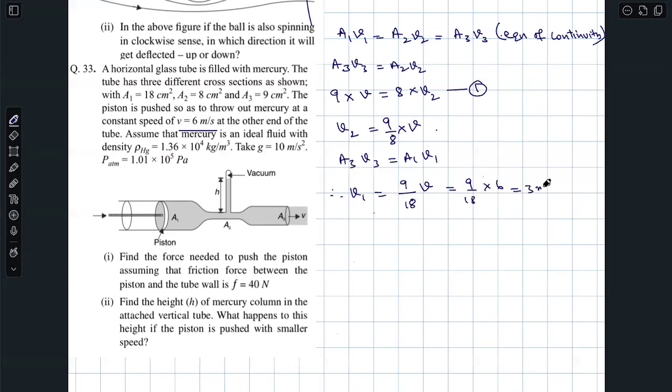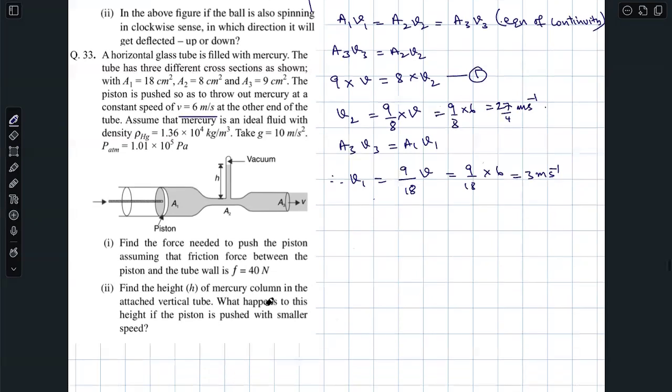So 3 meters per second. This is 9 by 8 times 6, which is 27 by 4 meters per second. Right? Done. So first I have determined the velocities at the respective points. Do you have any doubt in this?